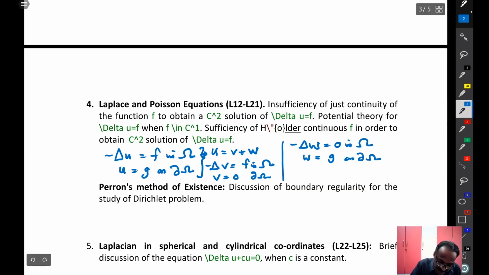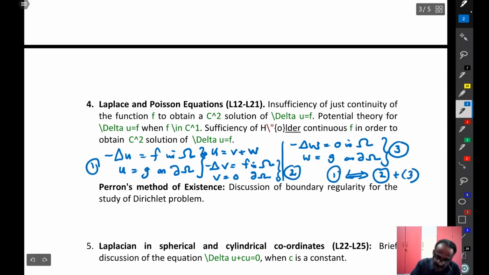So instead of studying equation 1, you can study equation 2 and equation 3. So studying 1 is equivalent to studying 2 and 3. So what we have seen is the first equation and glimpses of equation 3.